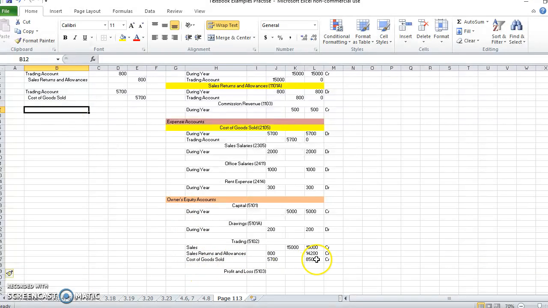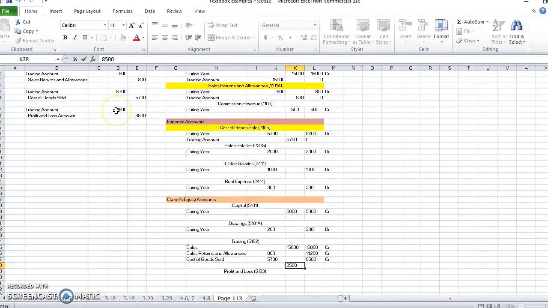Since the trading account is at 8,500 credit, we will debit the trading account for 8,500 and credit the profit and loss account 8,500. Then we post that to the ledger. 8,500 credit in the trading account.